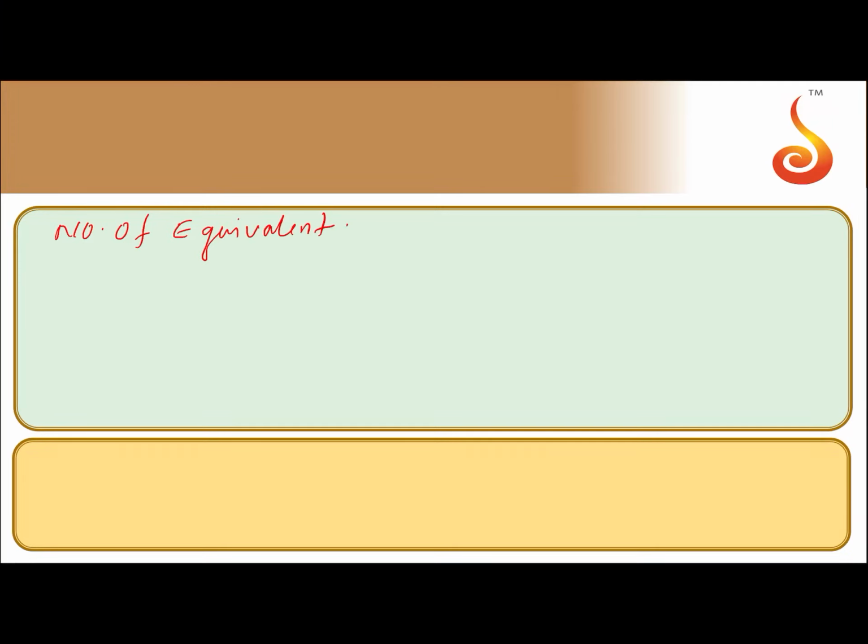Number of equivalents of acid is equal to number of equivalents of alkali. Now in the acid, the mass of the acid is given to us as 0.2.